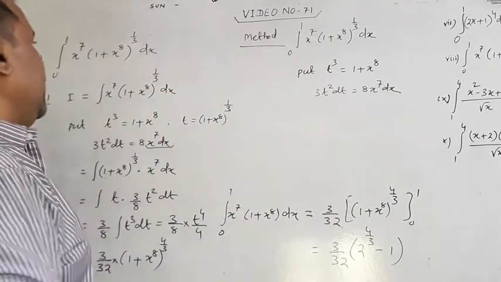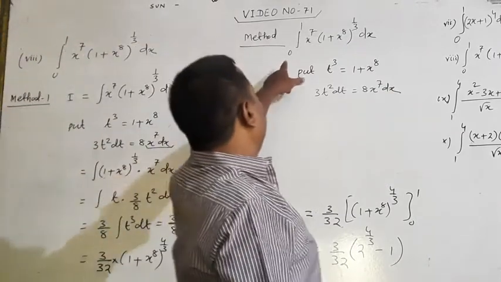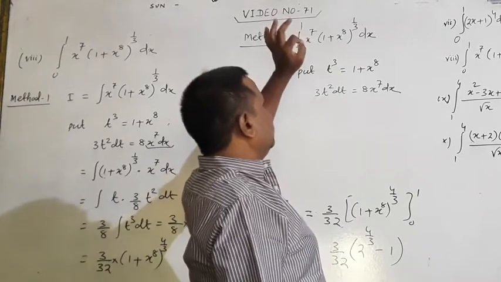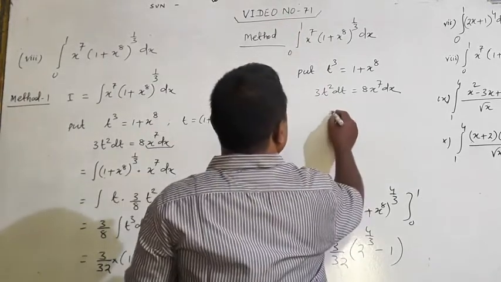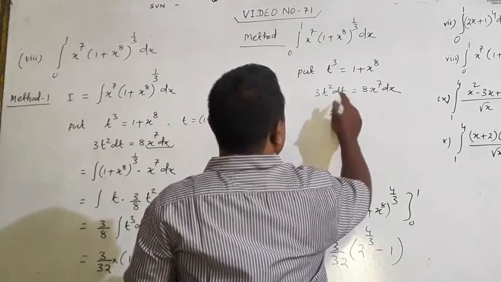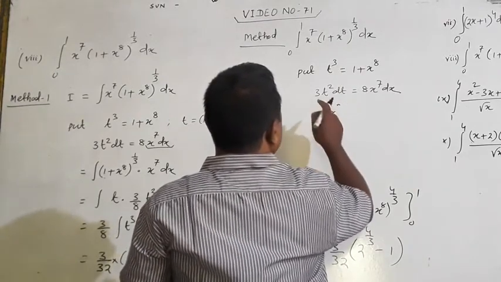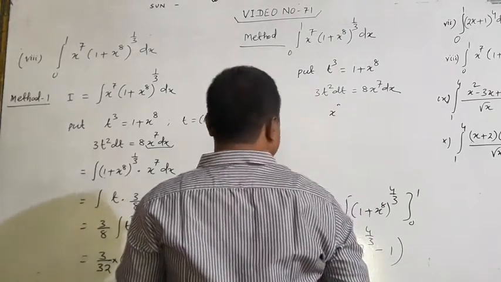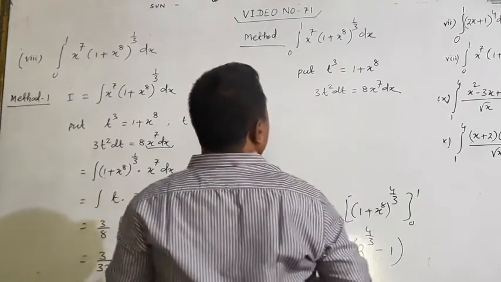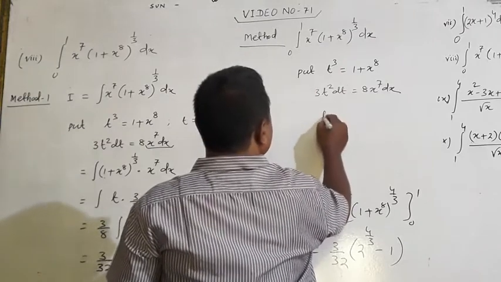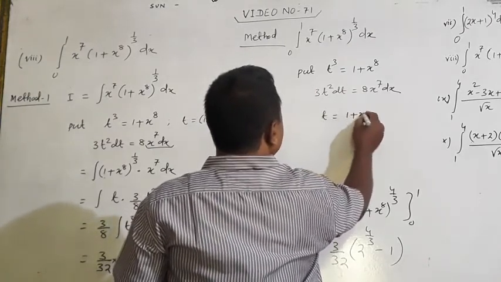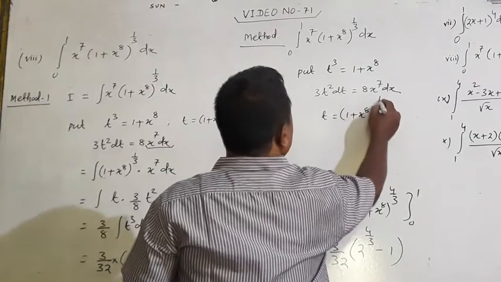Then if you have to maintain the lower limit and upper limit, it is very important for you to find x to the power 8. What is t? You have to put, when x is equal to 0, what is t? t is (1 plus x to the power 8) to the power 1 by 3.